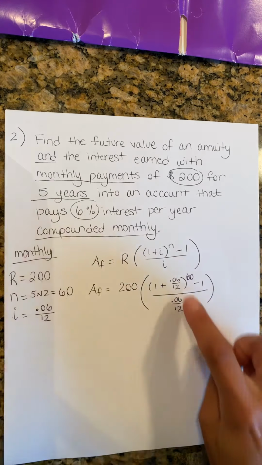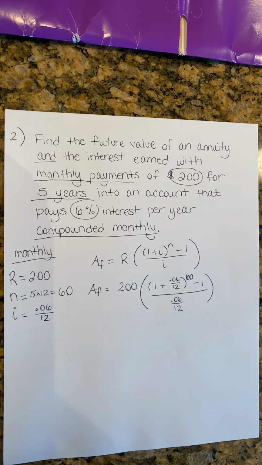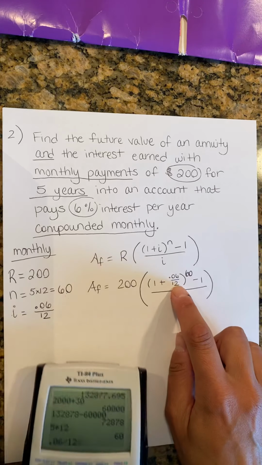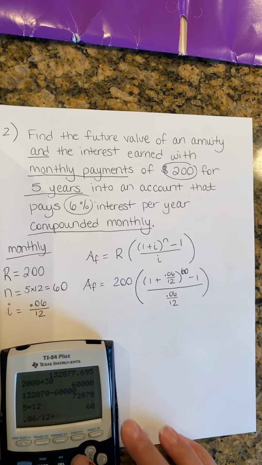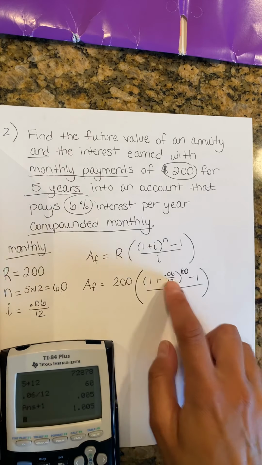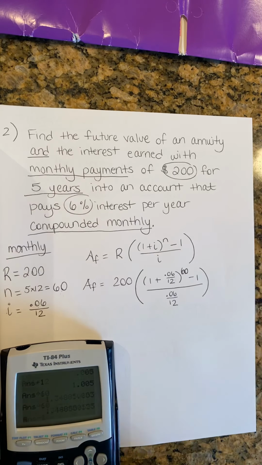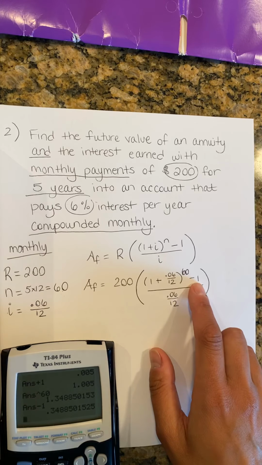So I'm going to work from the inside out. I'm going to do 0.06 divided by 12, which is this number. I'm going to add 1 to it, raise that to the 60th power, and then subtract 1 from that. Now I have my numerator.